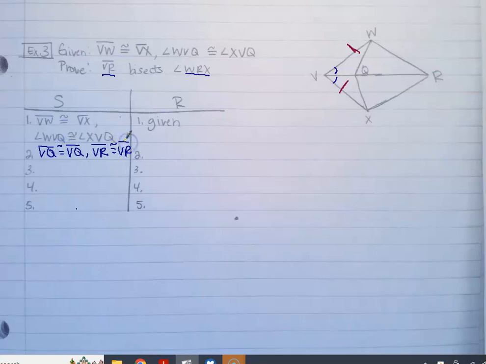Here it does say VR, so we want to prove something with VR. Okay, so both of these are going to be helpful, but what's the reason for that then? That we've got VR is congruent.